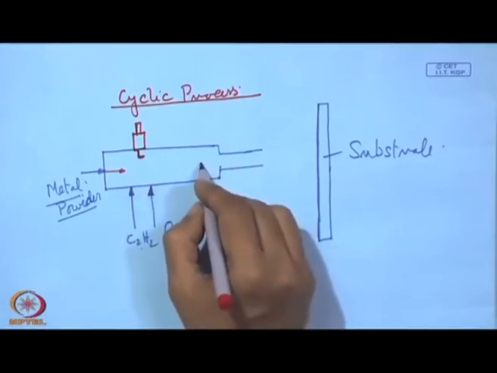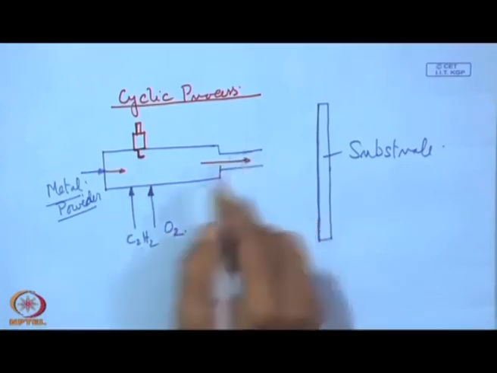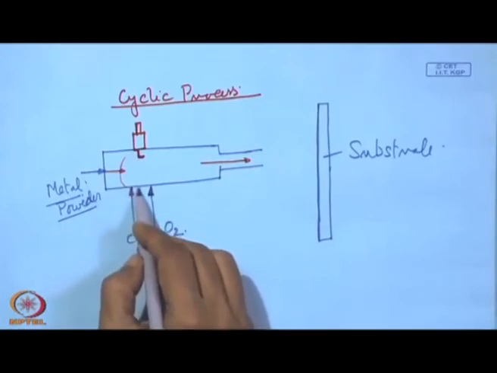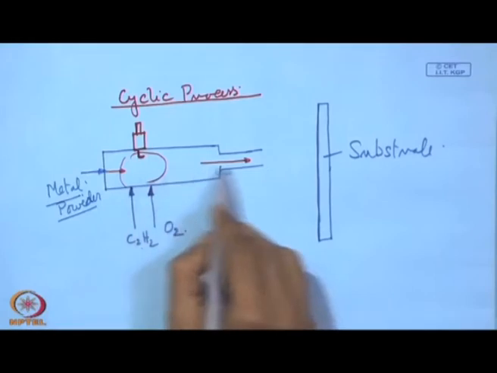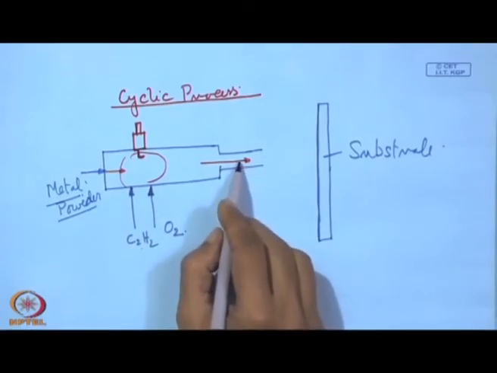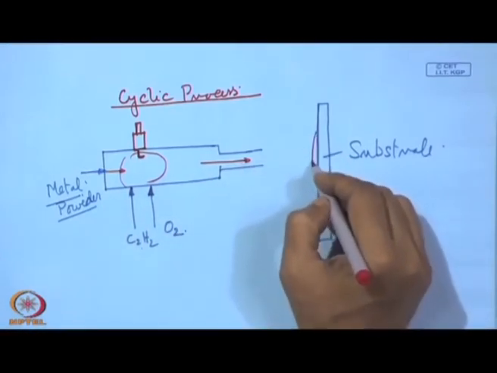But since we have one exit at this point, the metal powder which is already in this zone will be thrown with a very high velocity onto this surface.